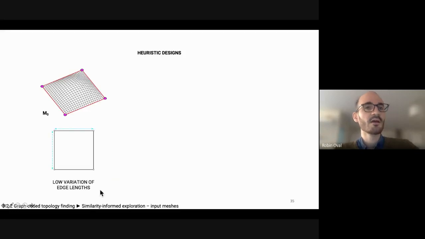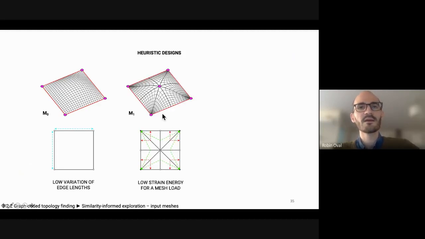So here I have one mesh that has this classic grid that's good in terms of variation of edge length, which could be an interesting performance metric for fabrication. Here, because you have a support condition, so the grid shell is supported only at the corners, you might want to have this pole point here, as we've seen before in the British Museum example.